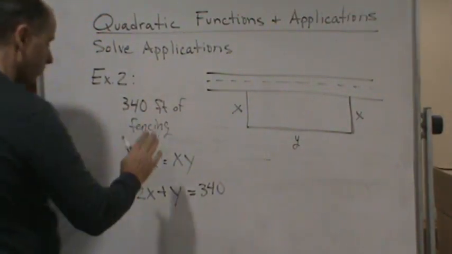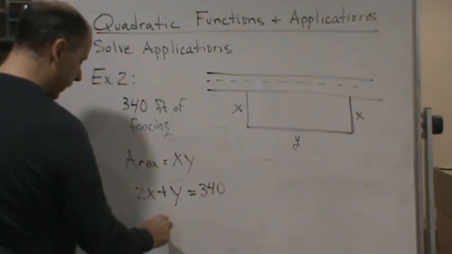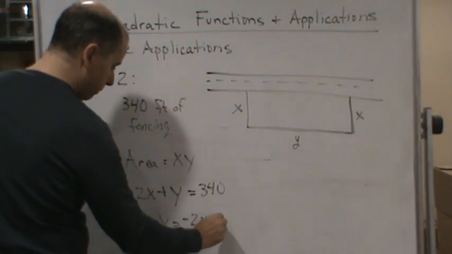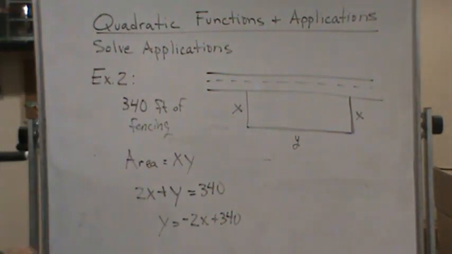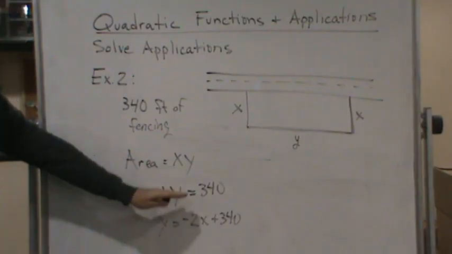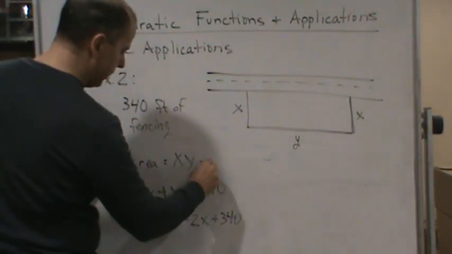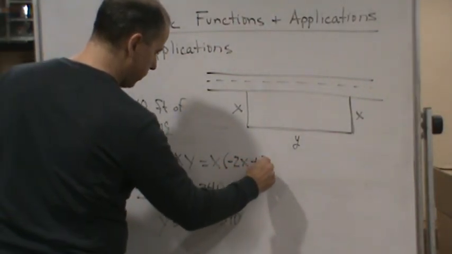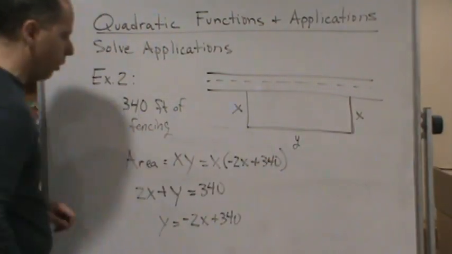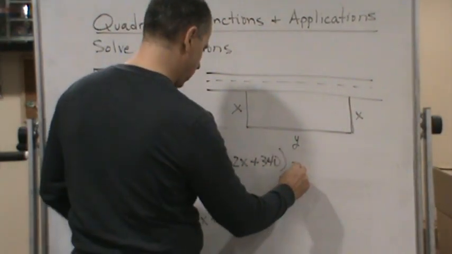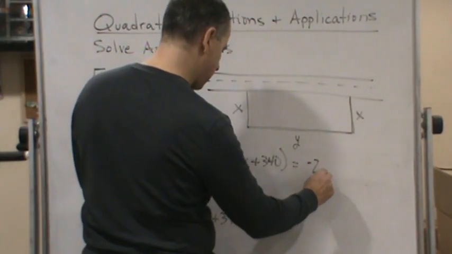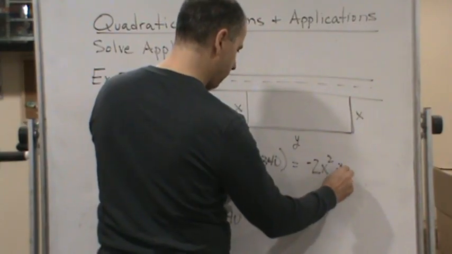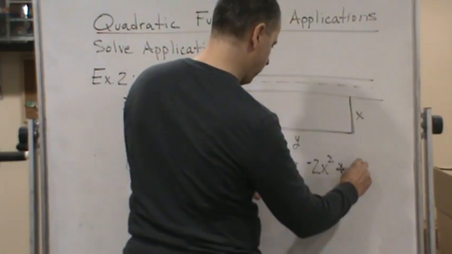Now let's solve for y. So y equals negative 2x plus 340, which we can substitute into the area equation, giving us x times negative 2x plus 340. If we distribute the x, we get negative 2x squared plus 340x.